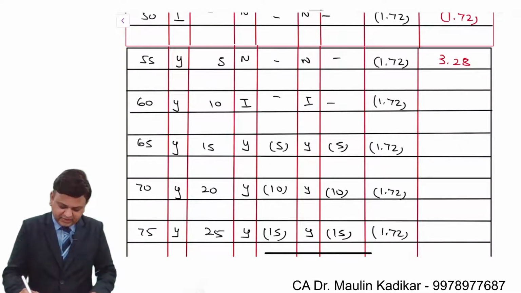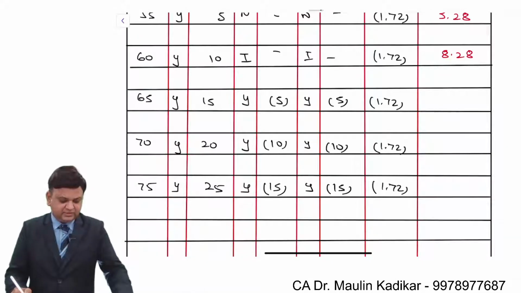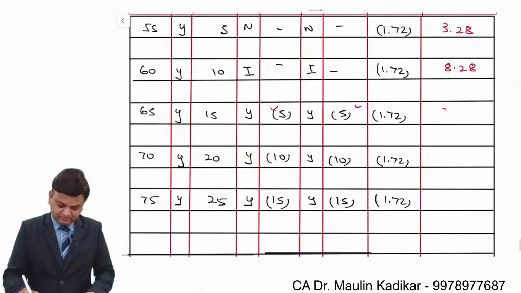Then there is a profit of 8.28. Then 15 minus 10, total of these two, so that comes to 5, 5 minus 1.72. So the profit is 3.28.